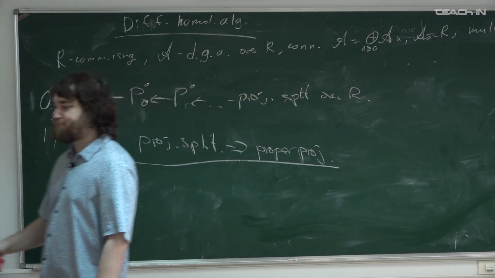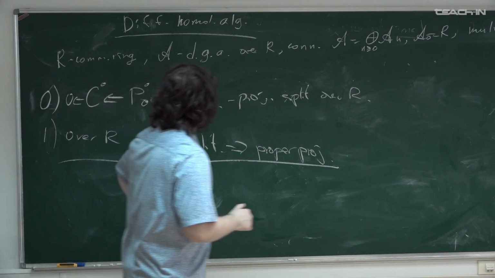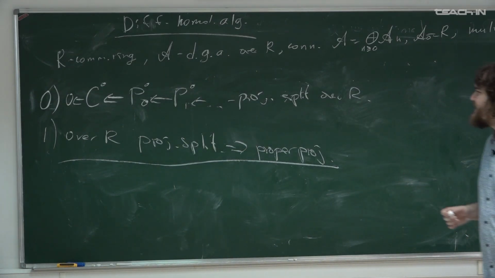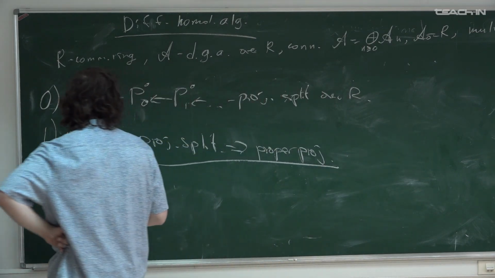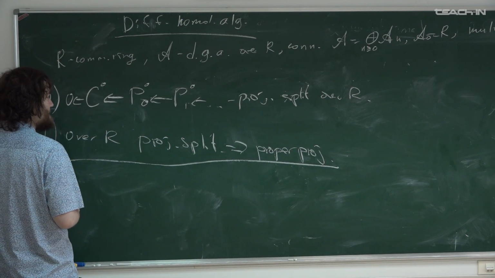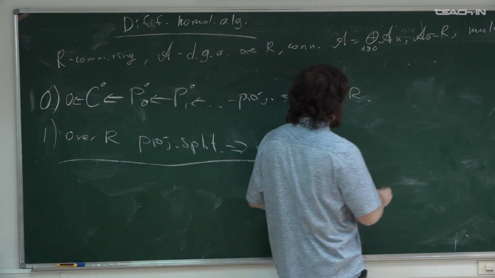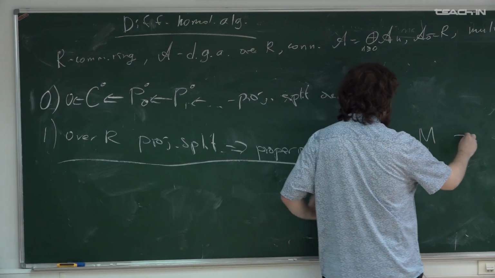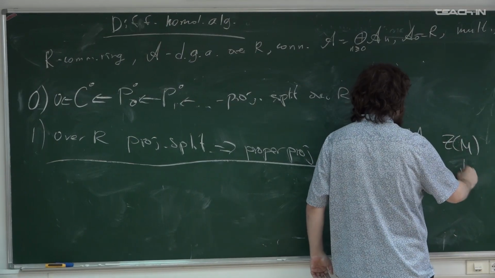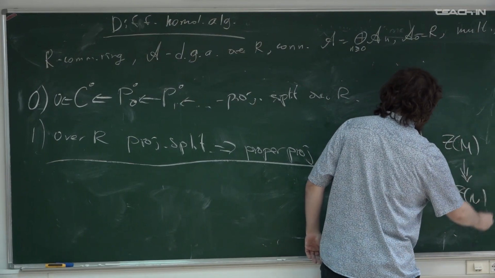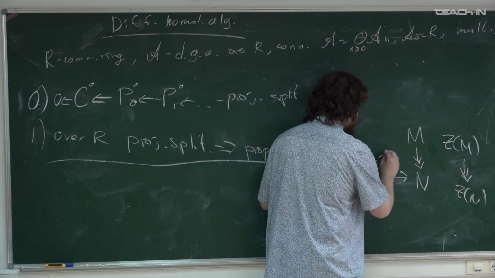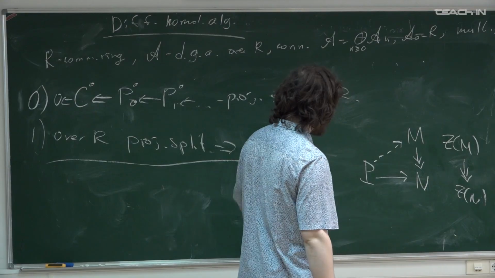I think maybe it's an exercise. What we need to check is that if I have two cochain complexes with an epimorphism, which is also an epimorphism on cycles, and I have a projective splitting cochain complex and a map, then I have a lifting.